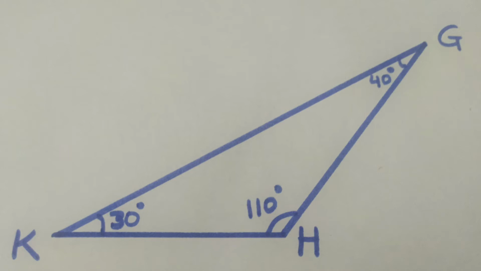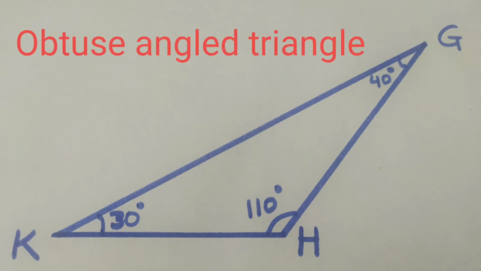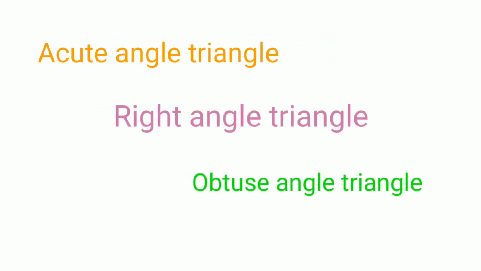So here angle H is 110 degree, means more than 90 degree. Therefore, the name of this type of triangle is obtuse angled triangle. So, on the basis of angles of triangle, we have got three types of triangles: acute angle triangle, right angle triangle and obtuse angle triangle.